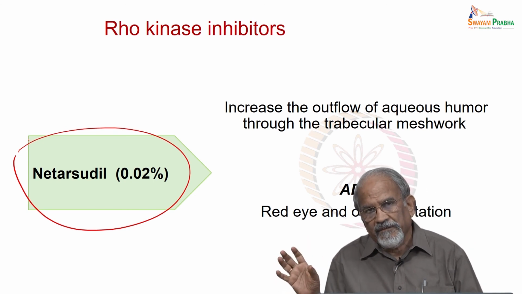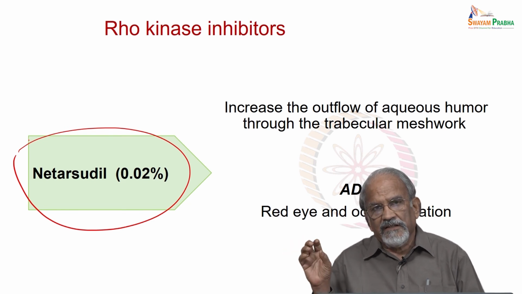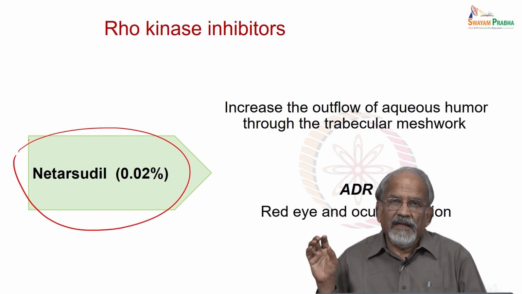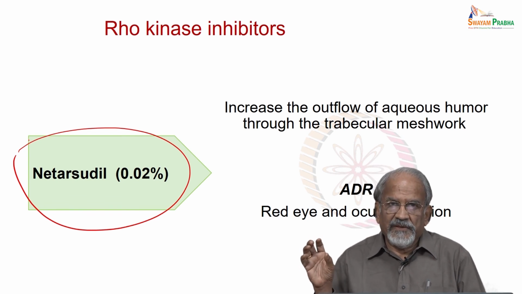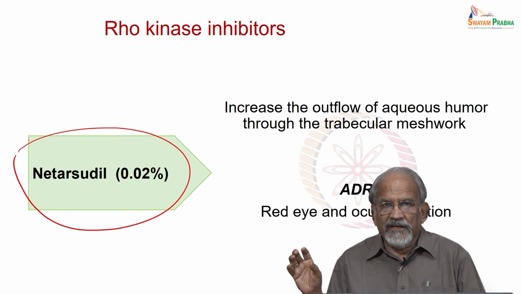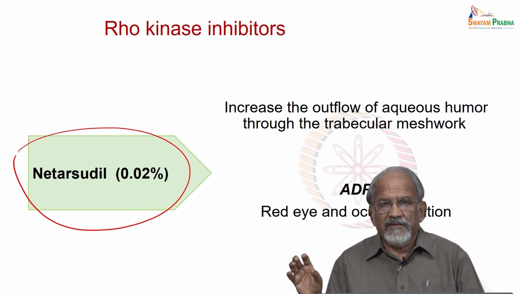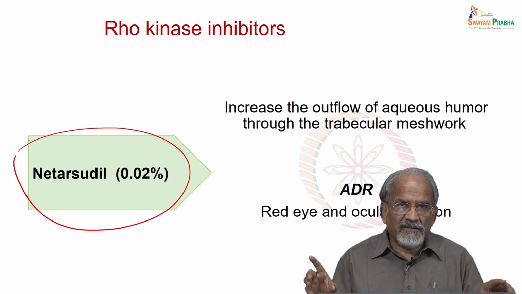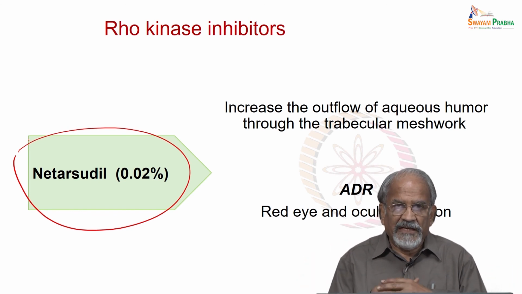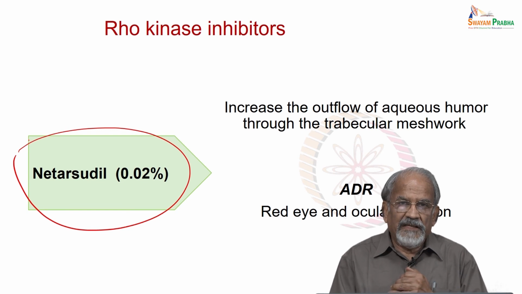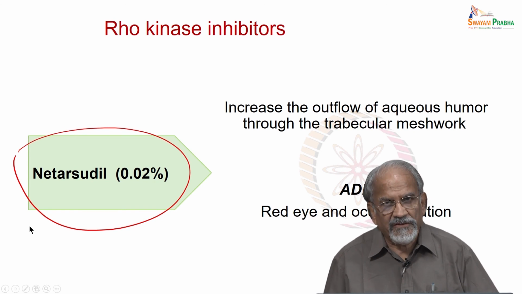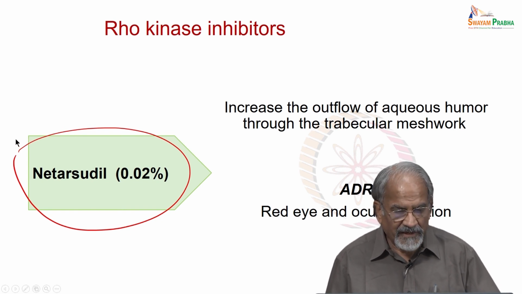The drugs which increase the outflow are the prostaglandin analogues and the parasympathomimetic cholinergic drugs such as pilocarpine. These are the drugs which are often given in combination, and the drug treatment is of longer duration, and finally, sometimes surgery is required. Thank you very much.